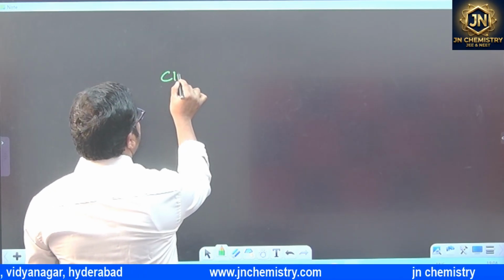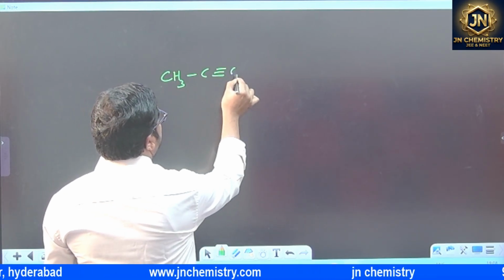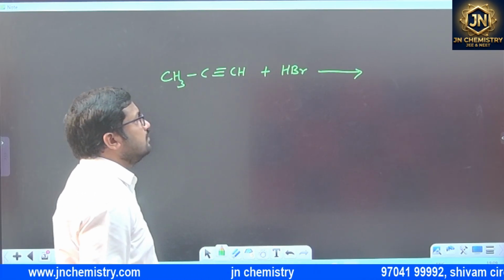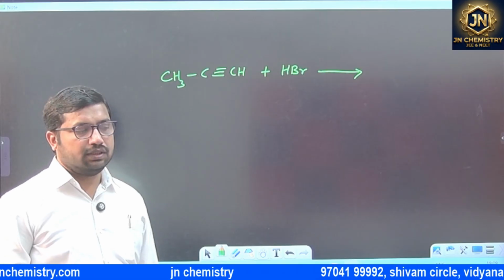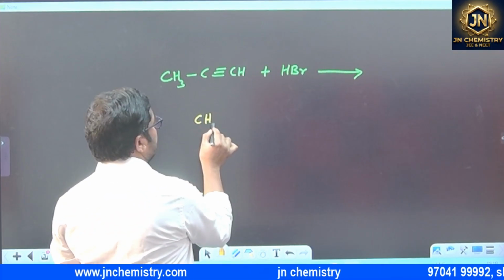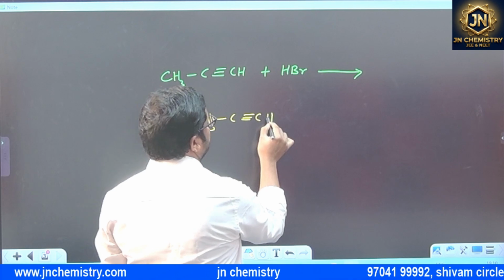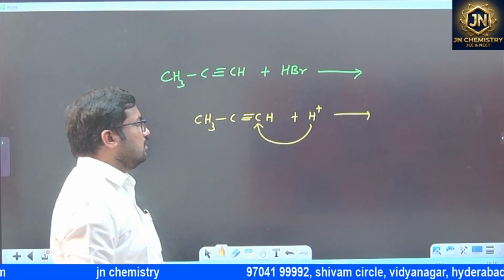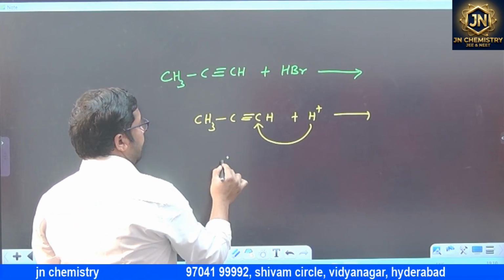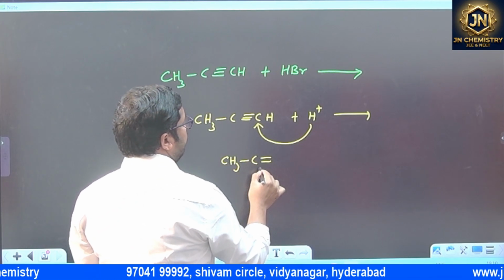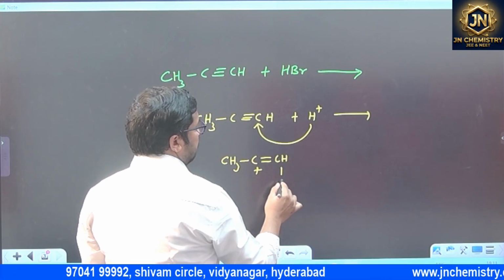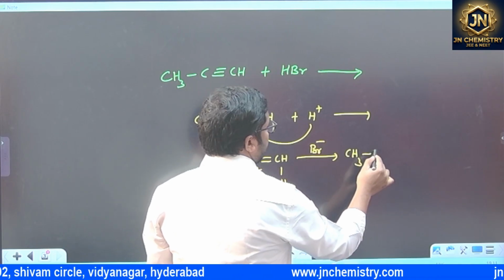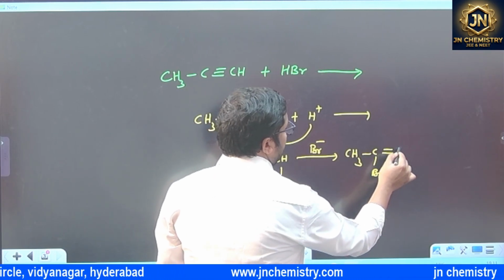Now try this product, everyone, with 2 moles of HBr. Come on, write it down, same as that model. First, H plus comes and attacks over here. Then CH3 C positive charge CH2. Then Br minus gives CH3 CBr double bond CH2.